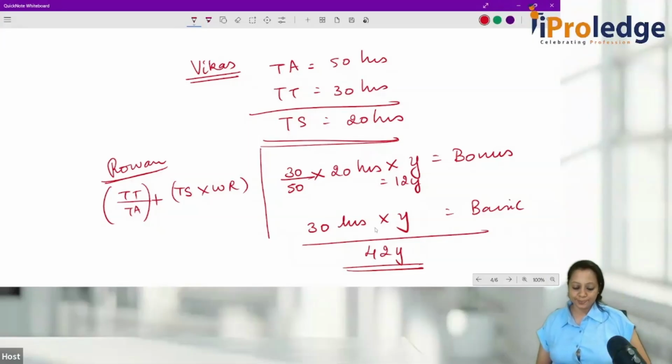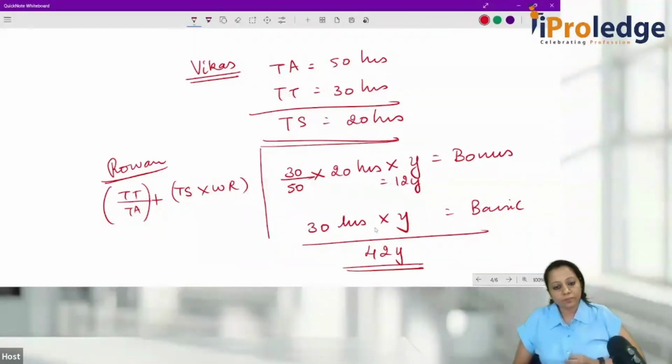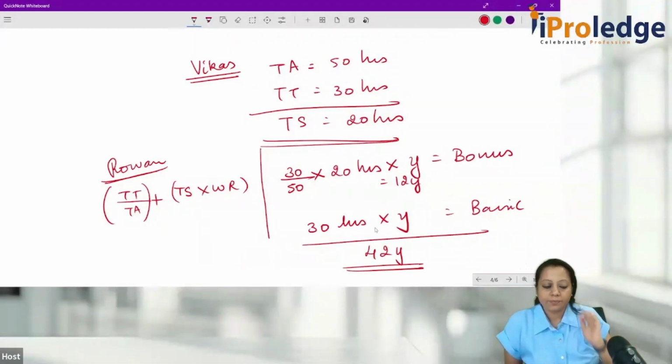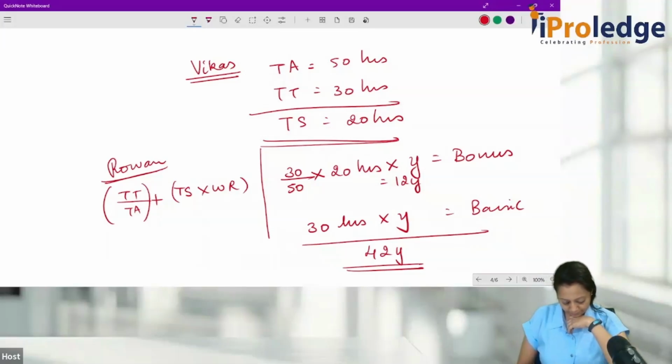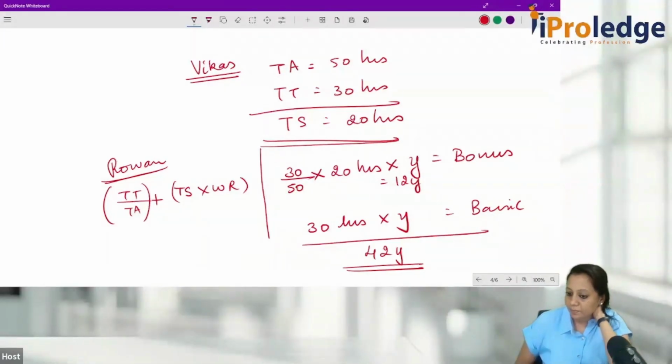Same way we will do for Shiv also. Shall I proceed here?